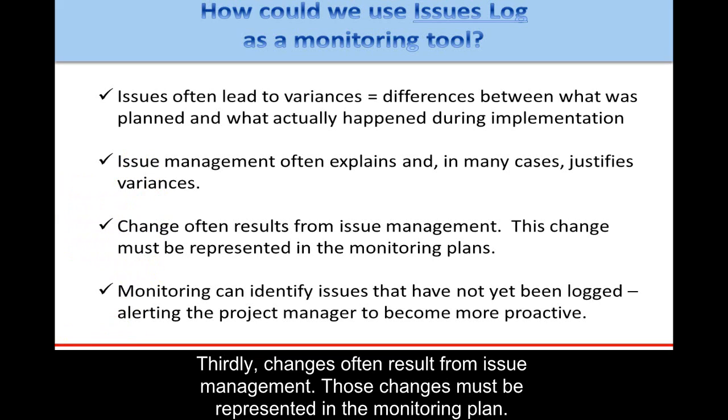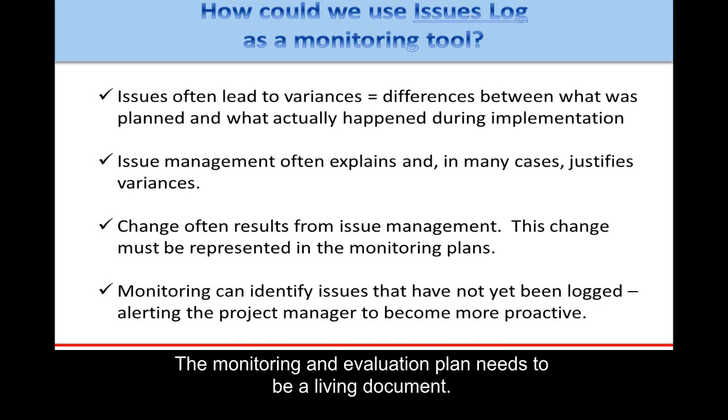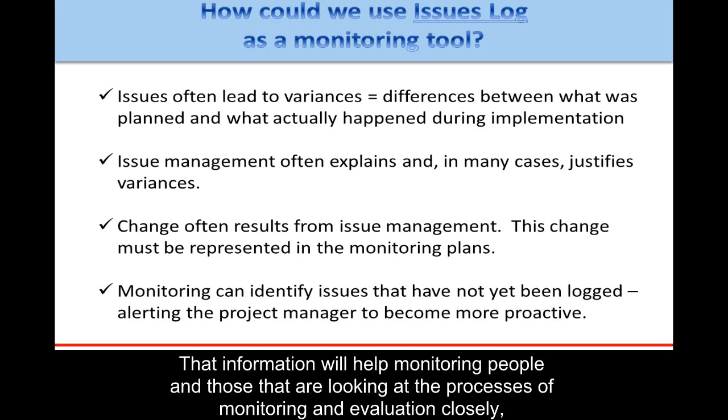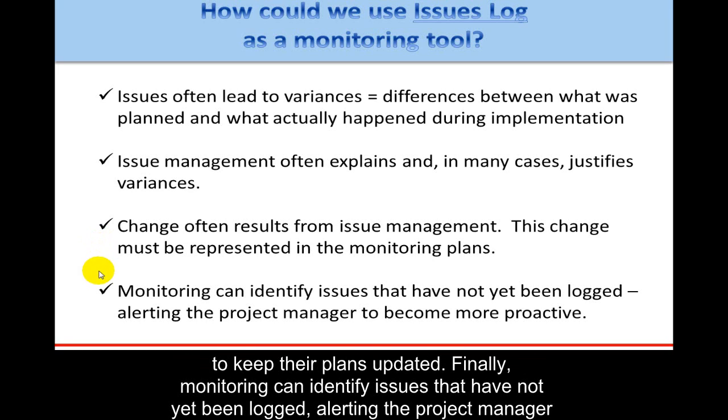Thirdly, changes often result from issue management, and those changes must be represented in the monitoring plans. So that monitoring and evaluation plan that I showed you earlier needs also to be a living document, and the information will help the monitoring people and those that are looking at the processes of monitoring and evaluation closely to keep their plans updated.